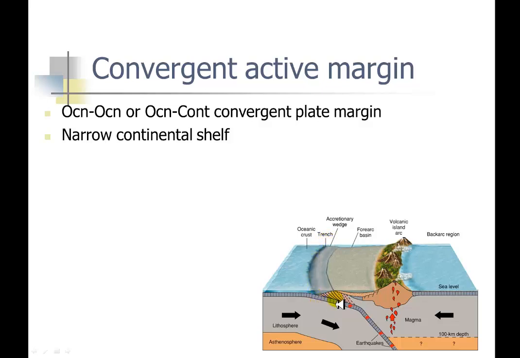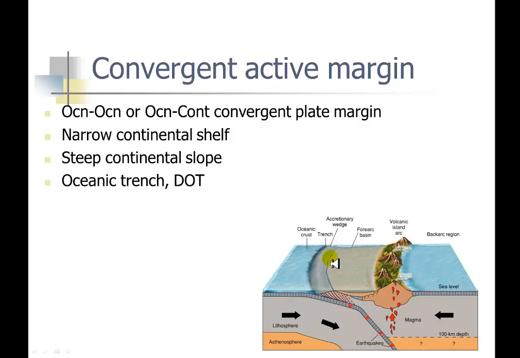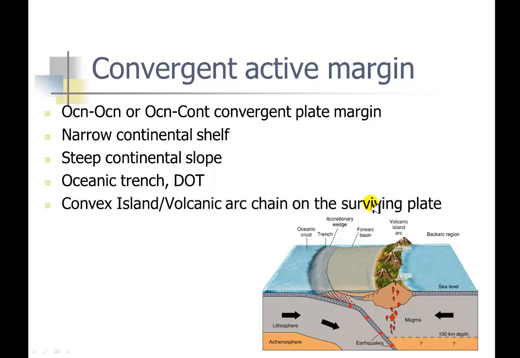You do get the trench, you do get subduction, you get the rock that wants to be up here melting, and it comes back up, pops through the crust, producing a larger area which could actually stick up out of sea level and create islands. Steep continental slope, oceanic trench, deep ocean trench. It does have also a convex volcano.